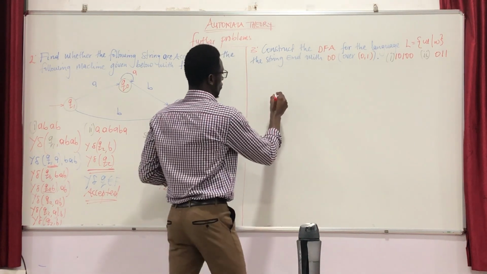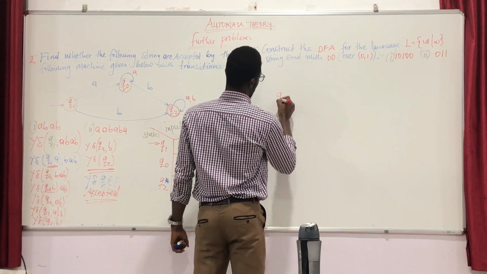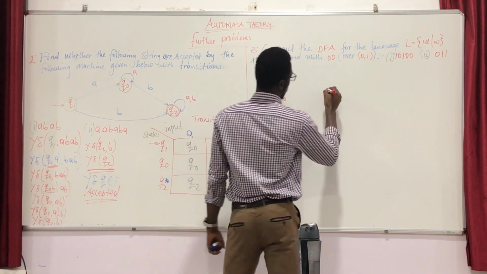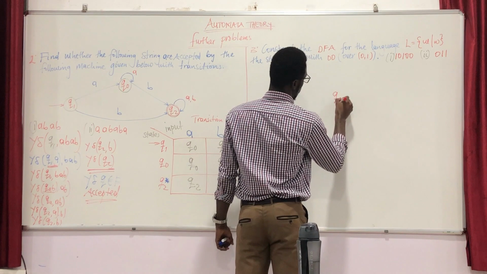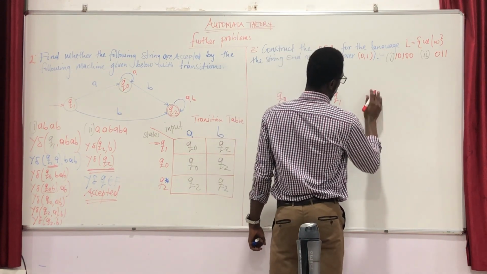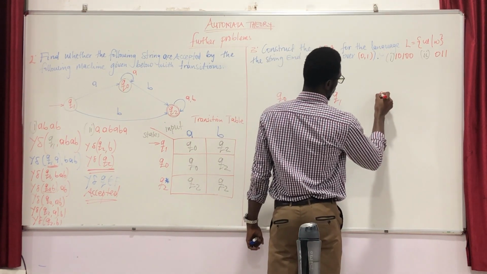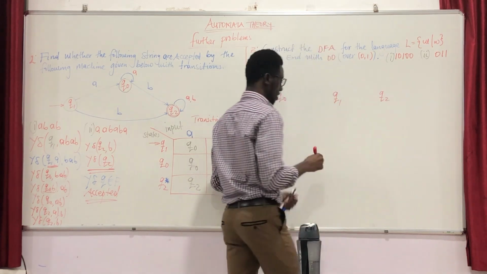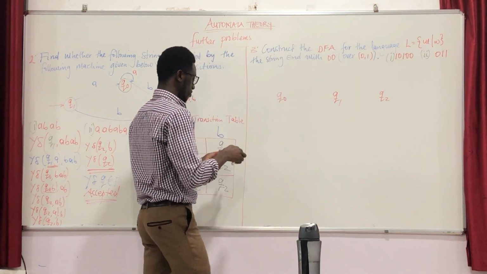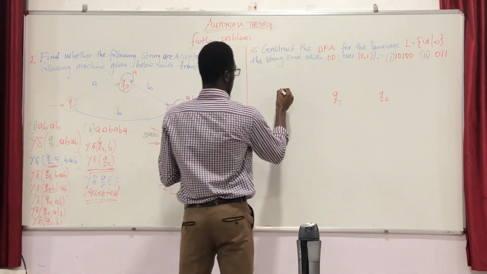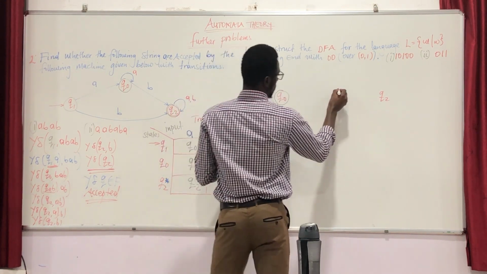So now we start by drawing this. We say Q naught, then Q1 and Q2. So we have three states.